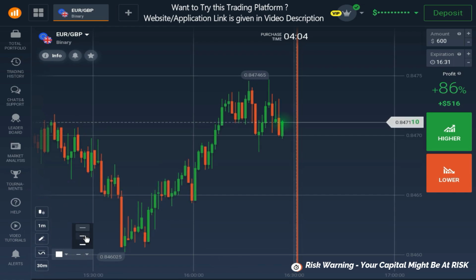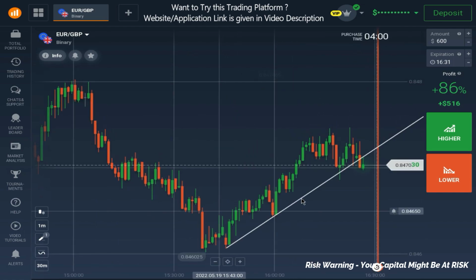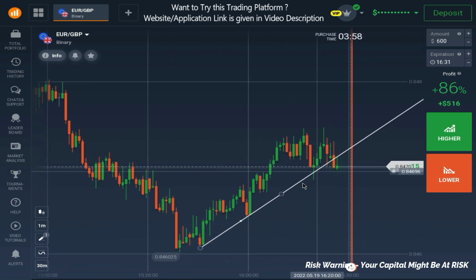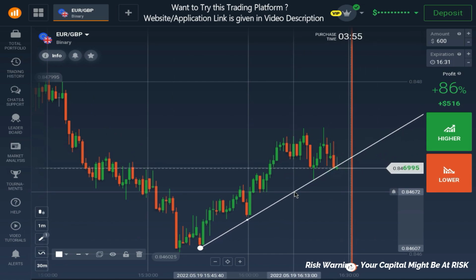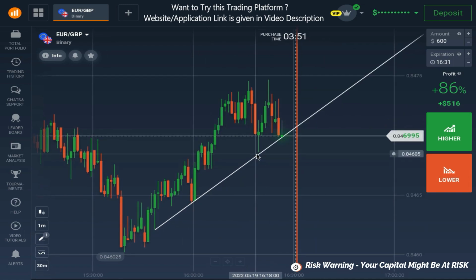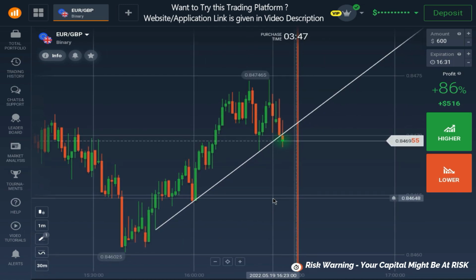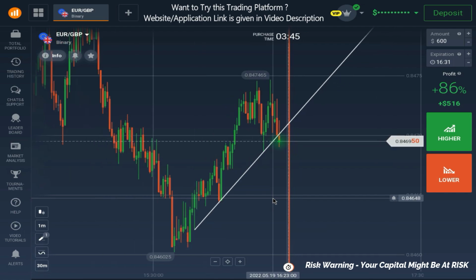For me, I can say that we can have a trading opportunity, but we can't use that. Okay, we'll stick with this, and this is our support trend line.